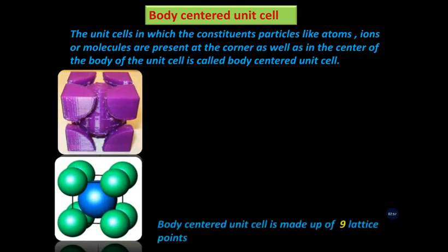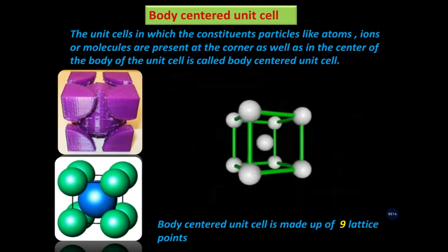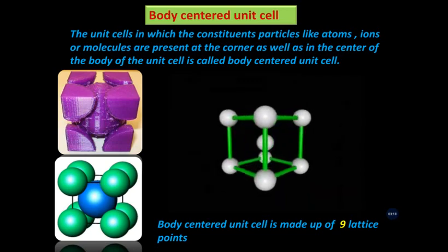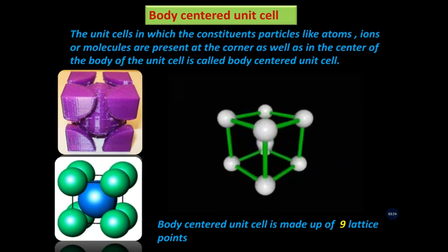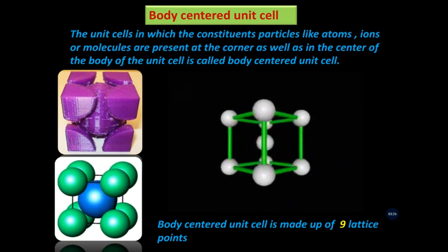This model is similar to the simple cubic unit cell, but as one particle is present in the center of the body of the unit cell, this simple change results in a structure that is completely different from the simple cubic unit cell. Due to the presence of one atom in the center of the body, the corner atoms do not touch each other like in the simple cubic unit cell.